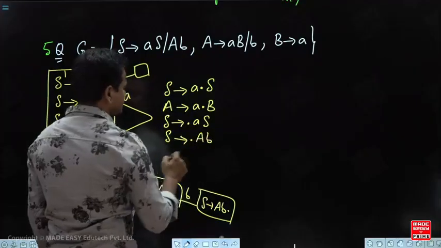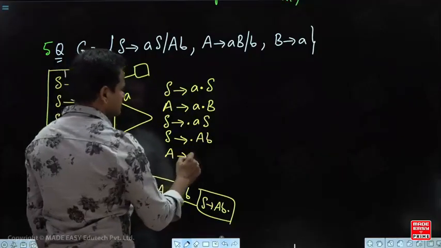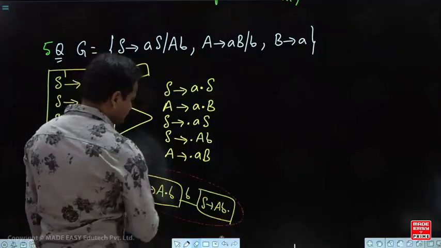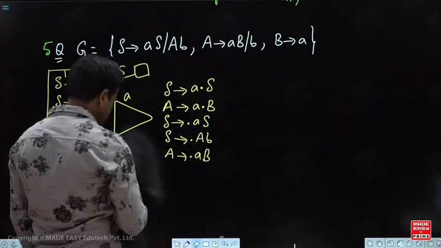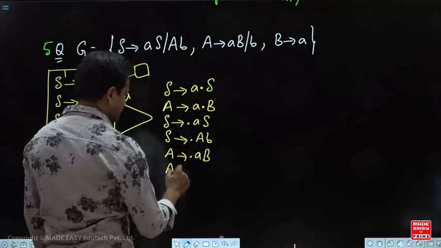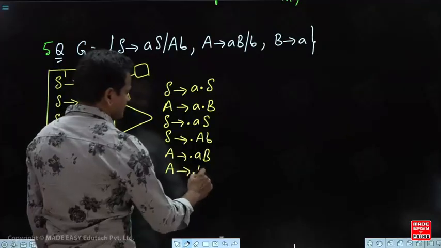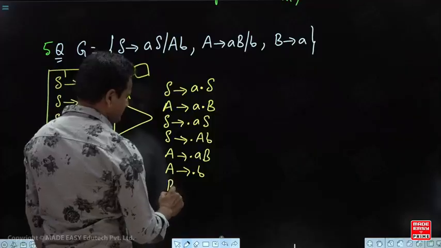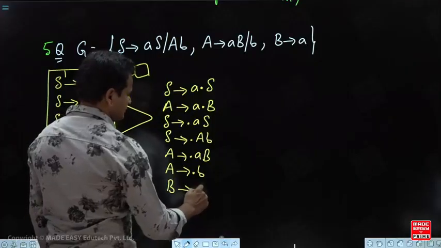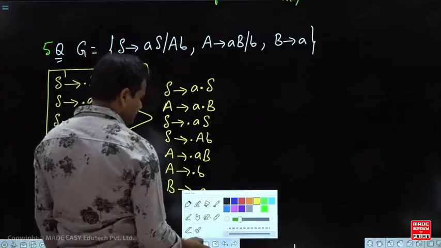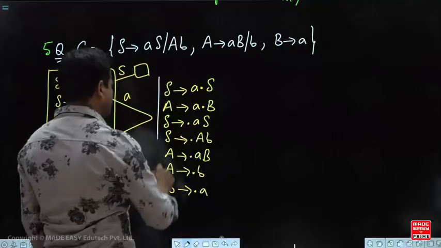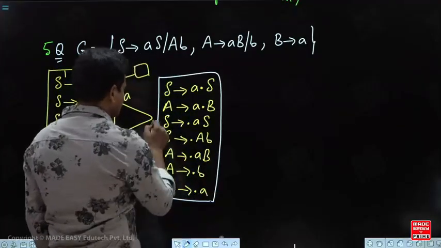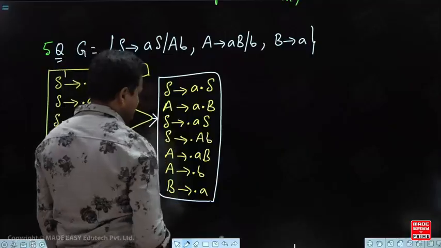And on A, it has two productions: one is AB and the other one is B. Hello, here we have B, so add B's productions now. In this state, we don't have any final item. Whenever you have a final item, then only you will check. Otherwise, no question of checking.